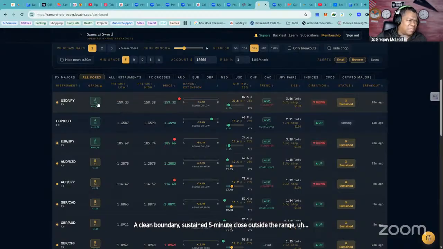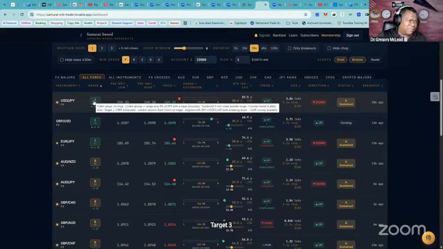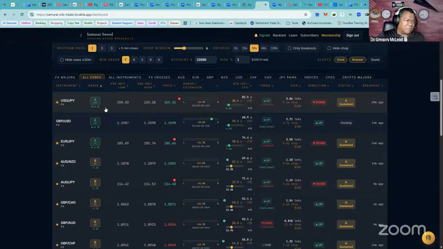Target 3.96 R achievable. London session is the best historical edge, aligned with the US dollar, both breaking down with an 8.4 R runway available. So that's telling you a lot, right?